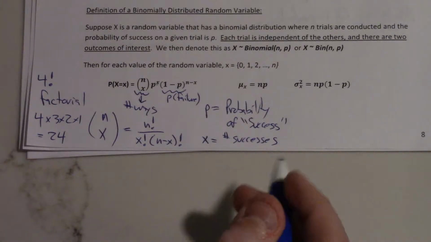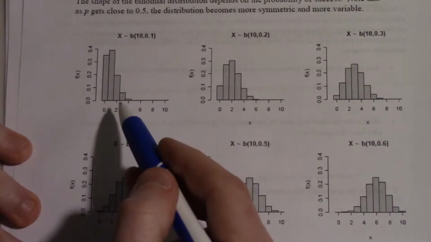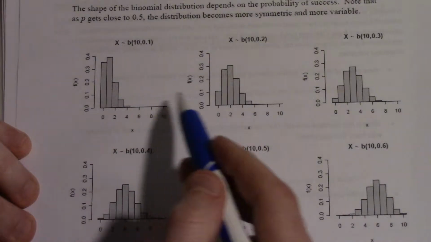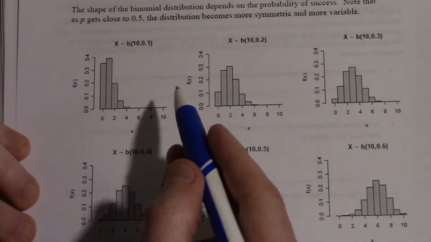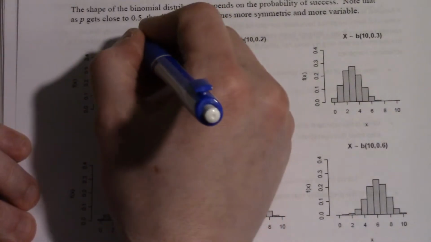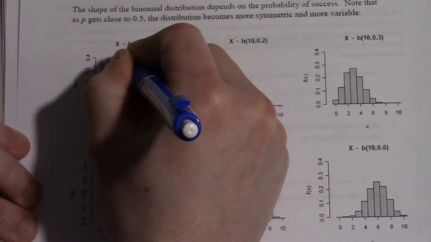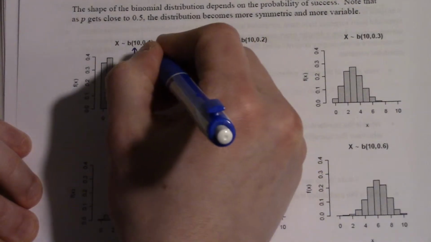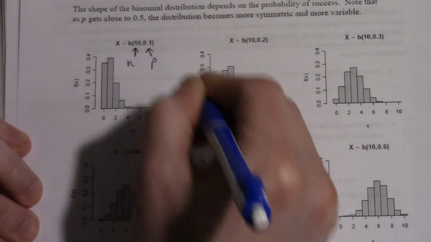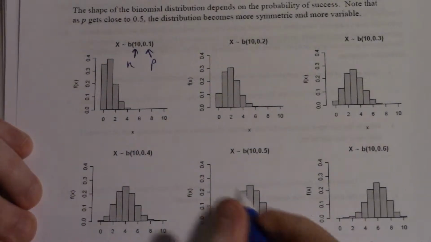So, what results is a bunch of distributions that look like this. These distributions are similar except for one aspect. They all use 10 trials, but the probability of success, P, is changing.